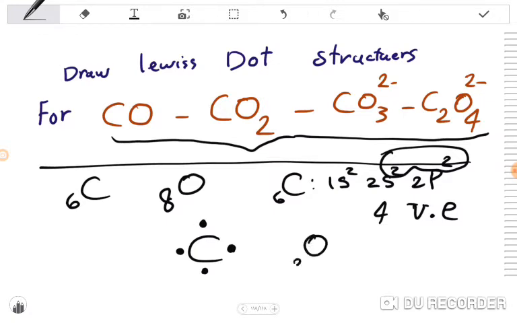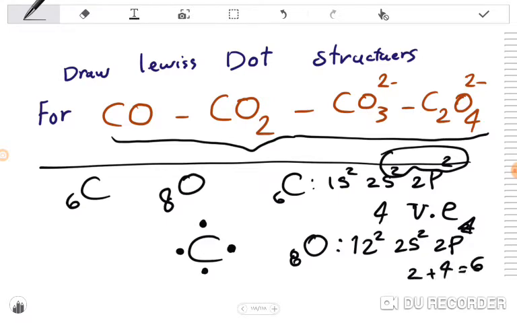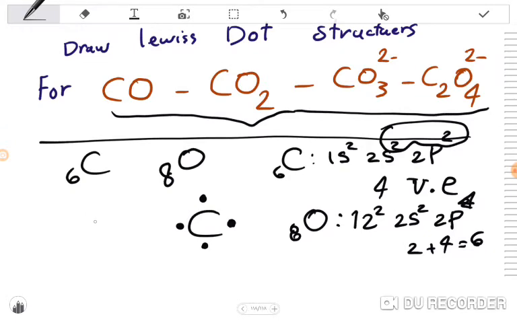Oxygen atomic number is 8, electron configuration 1s2, 2s2, 2p4. Excuse me, 2 plus 4 equals 6. We have 6 electrons around the oxygen.